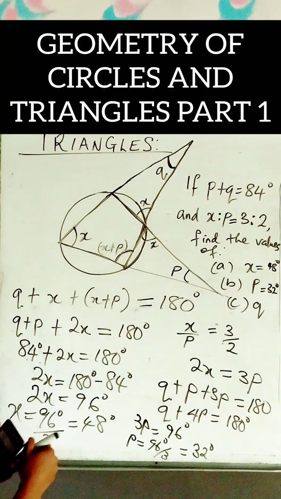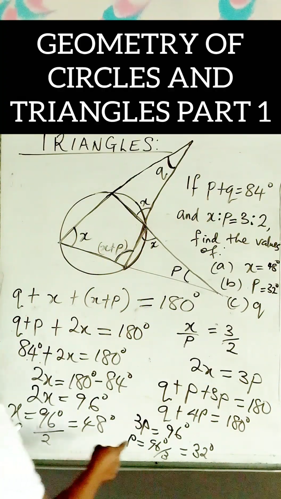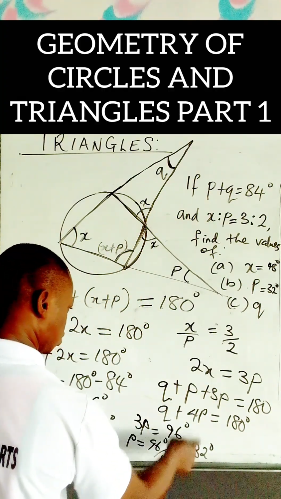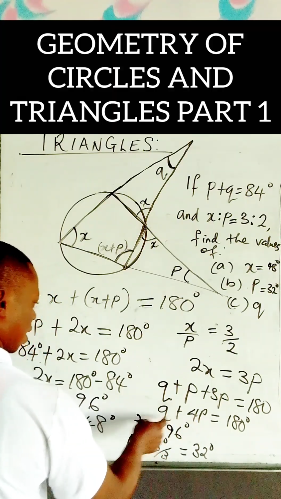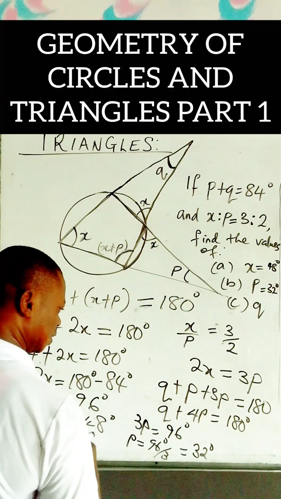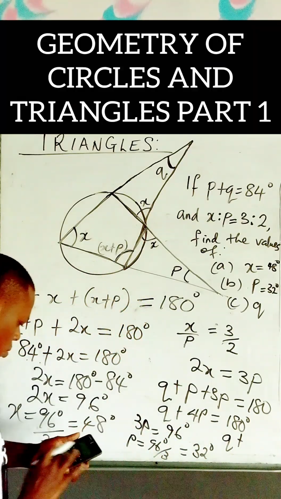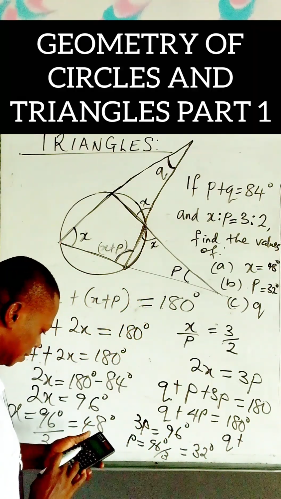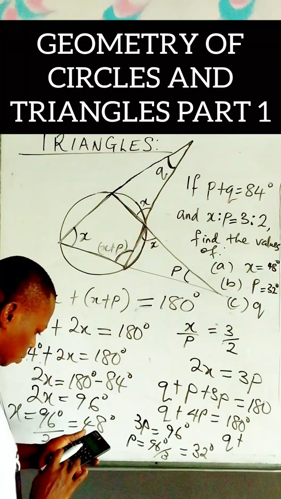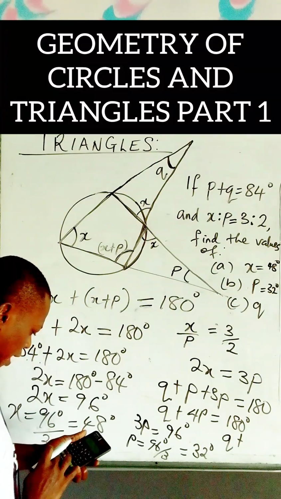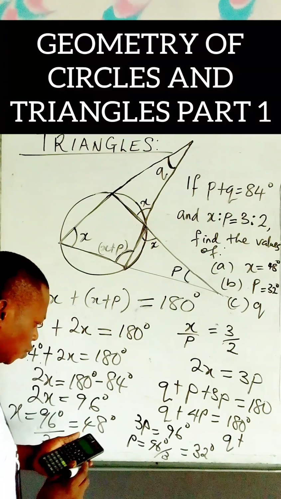So we move down to q. If p is 32, we can substitute it here and get our q. So 4 times 32 will give us 128.